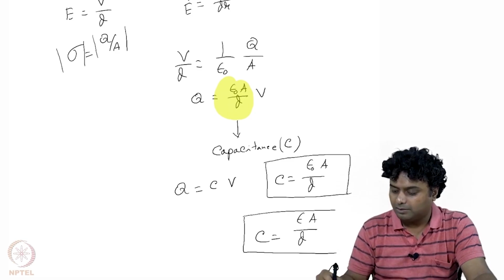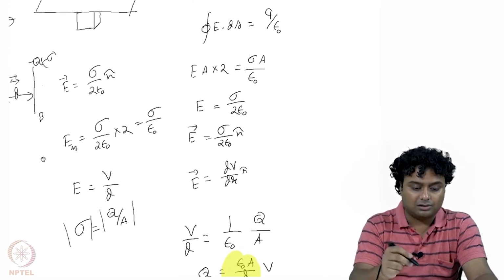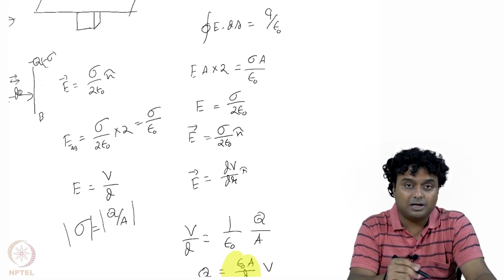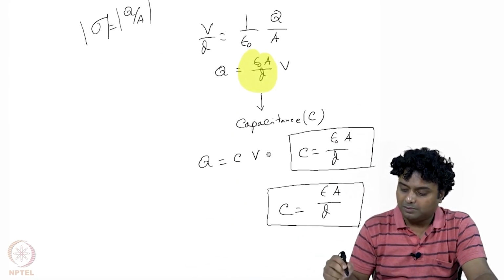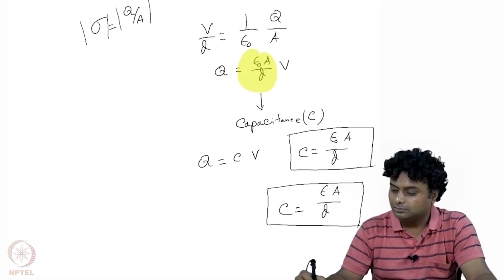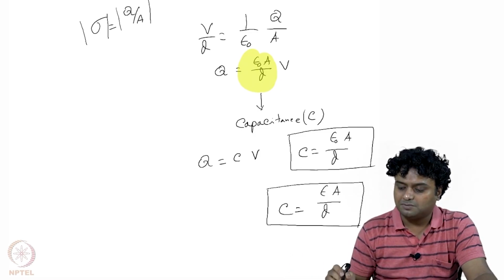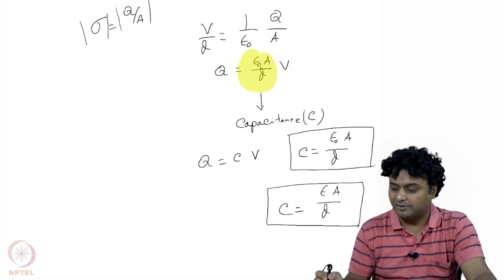As I was saying, while you have a dielectric material, in that case the electric field E will not be the same, rather it will be epsilon into E, and the epsilon naught will be replaced by epsilon, where epsilon is the free space permittivity epsilon naught into the relative permittivity epsilon r. So this parallel plate capacitor equation we will need in this course very frequently.